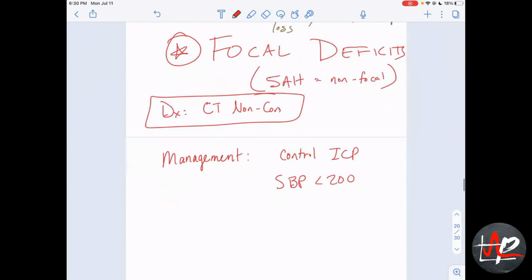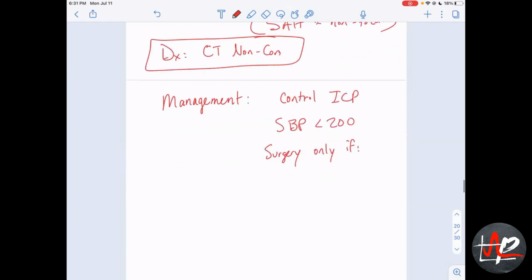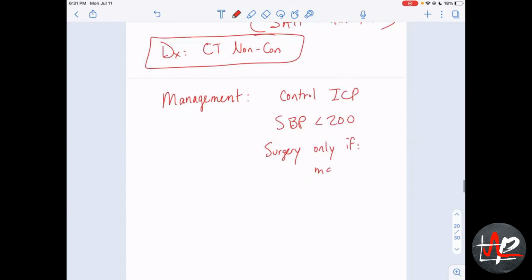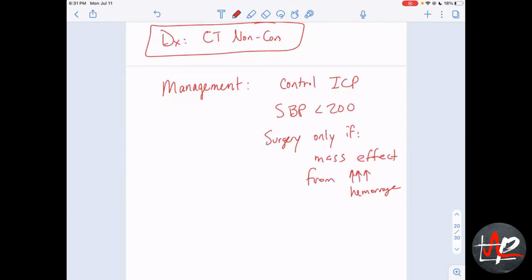With these patients, you only do surgery if there's a mass effect or it's a really large hemorrhage. If you see a mass effect from a really large amount of hemorrhage, then you can do surgery, a surgical decompression.